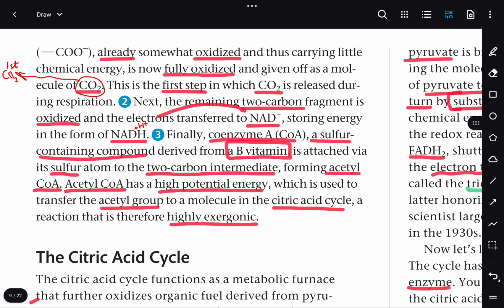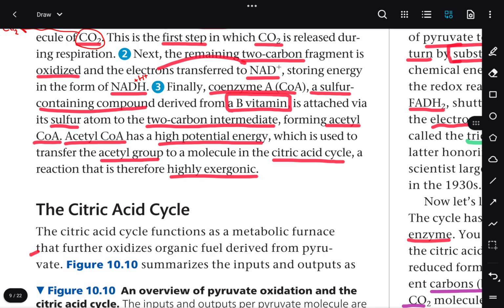That's also the only energy providing aspect of pyruvate oxidation. And the third step is the formation of acetyl coenzyme A, the molecule from glycolysis and then pyruvate oxidation that will enter the citric cycle.